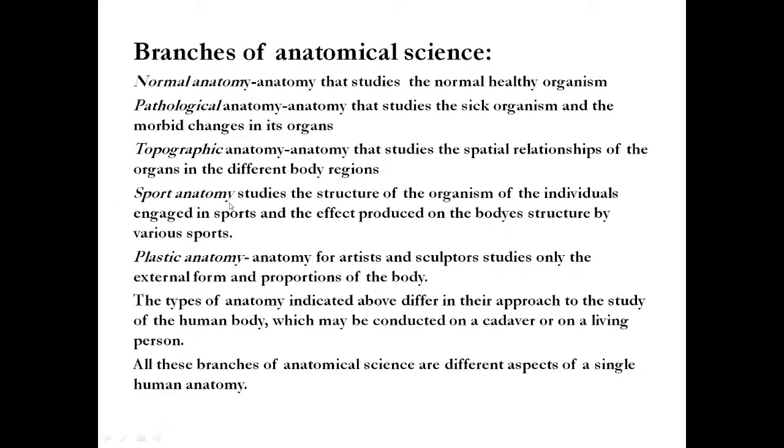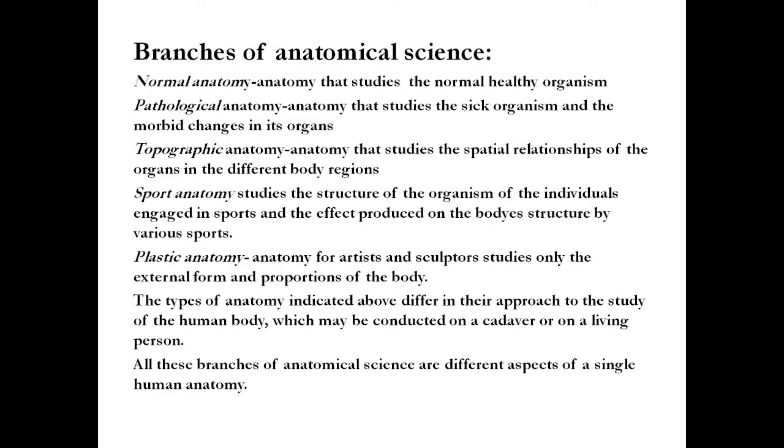Next, sport anatomy studies the structure of the organism of individuals engaged in sport and the effect produced on the body's structure by various sports. This is plastic anatomy, anatomy for artists and sculptors. It studies only the external forms and proportions of the body.